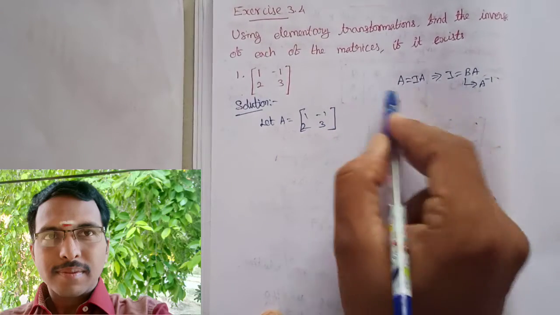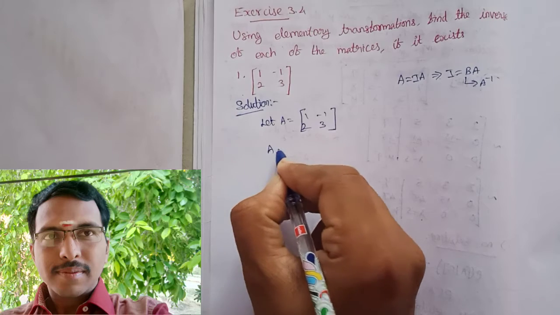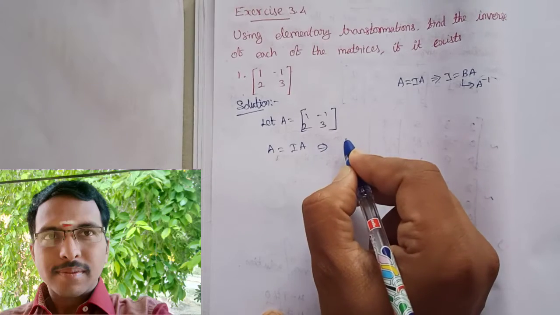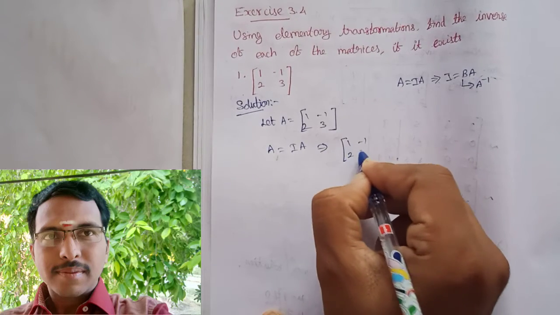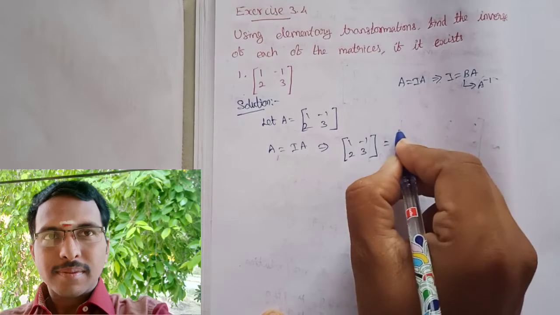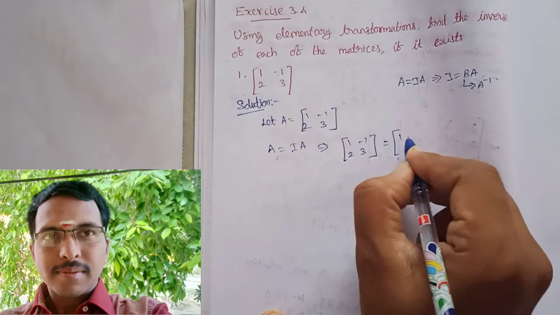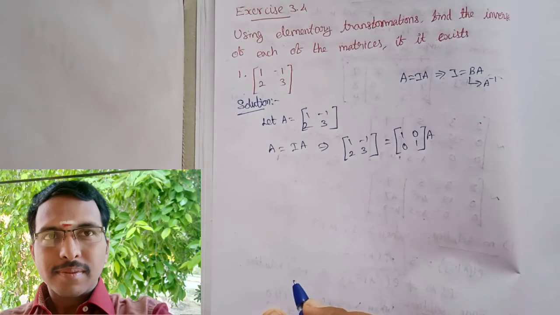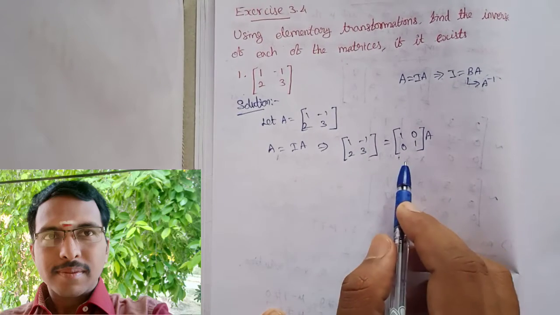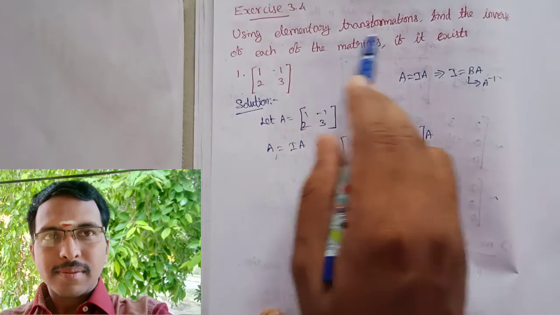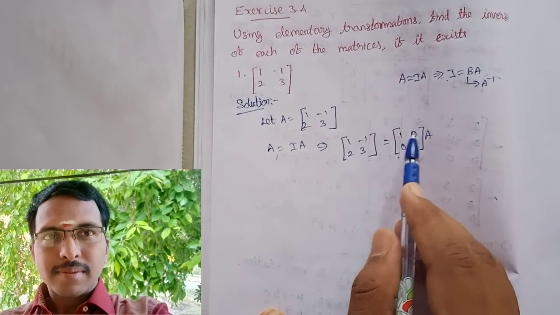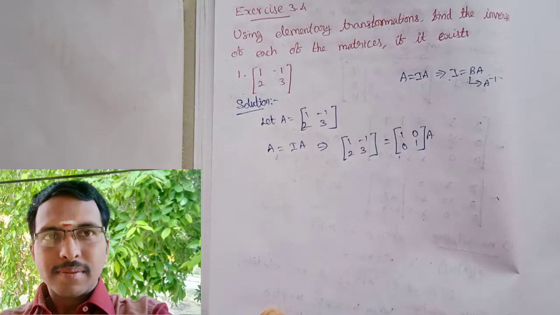Consider it in this format: A equals I into A, that is, the matrix 1, minus 1, 2, 3 is equal to the identity matrix of order 2, 1, 0, 0, 1 into A. You can write it in this format and use elementary transformation to convert it. The left hand side matrix becomes the identity, and the matrix that appears on the right is finally called A inverse.